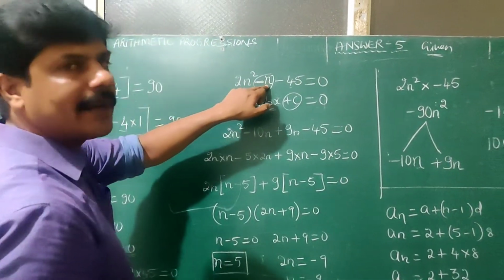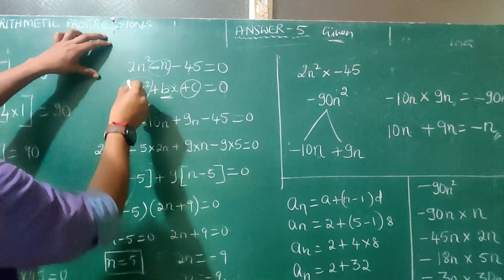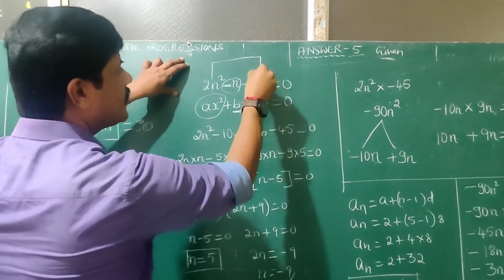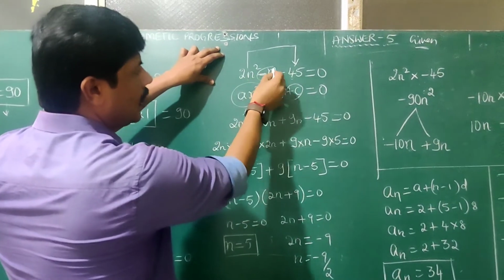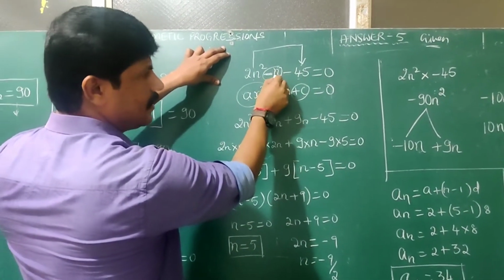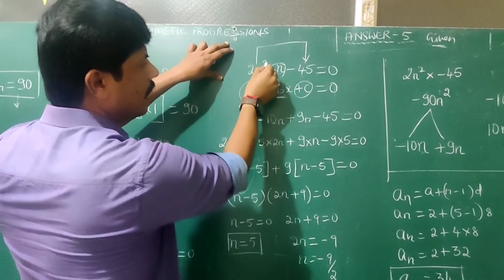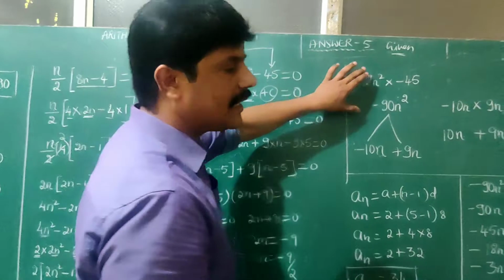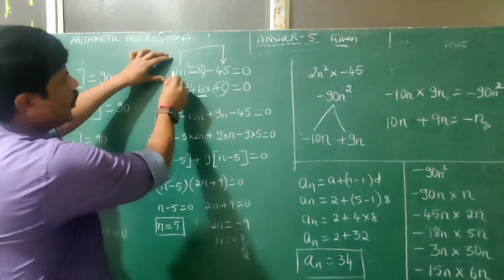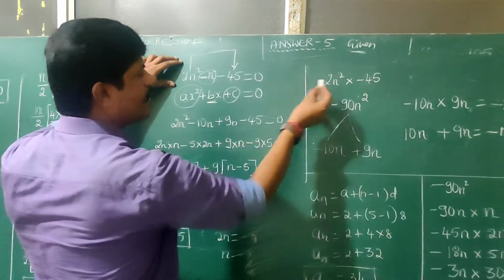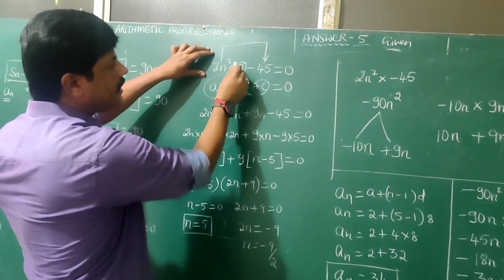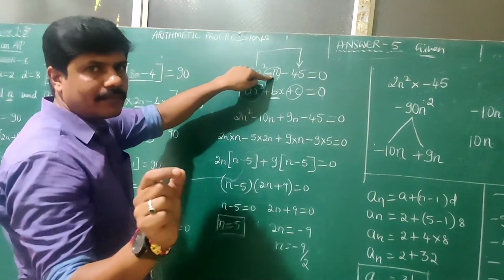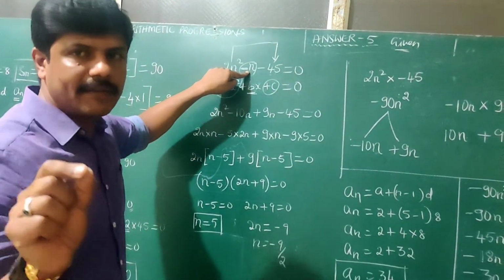Keeping the middle term as it is, you should multiply this 2n square with minus 45. This detailed description is given here. After multiplying 2n square with minus 45, I have left minus n as it is. My motto is to split this middle term. That is one of the ways to find the value of n.